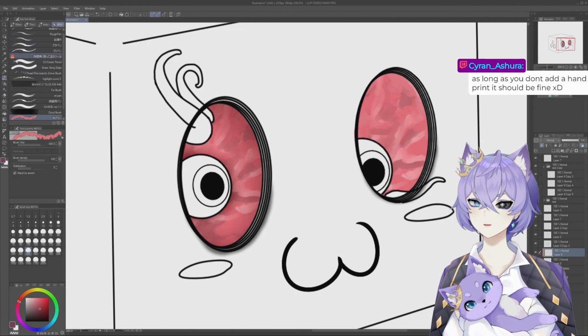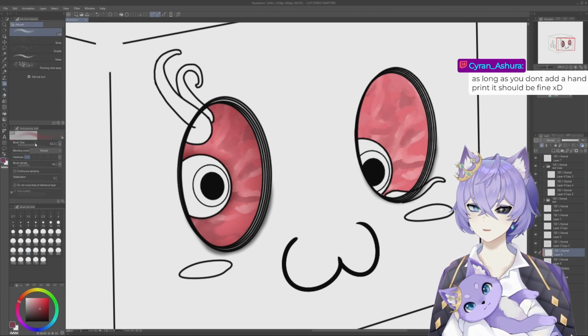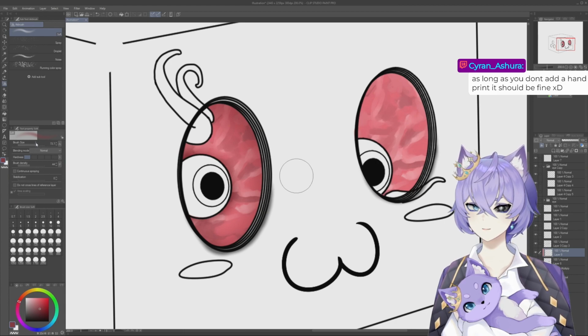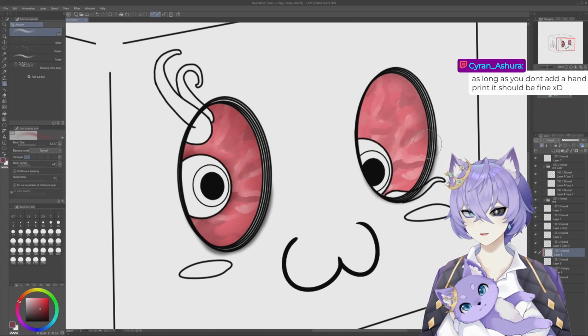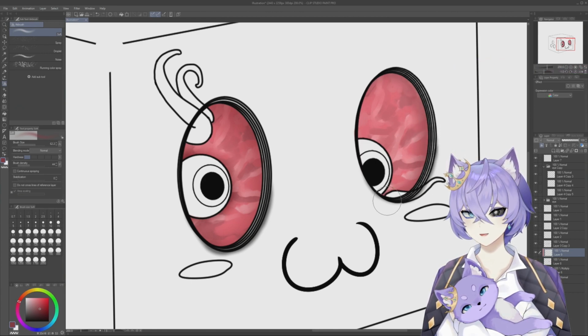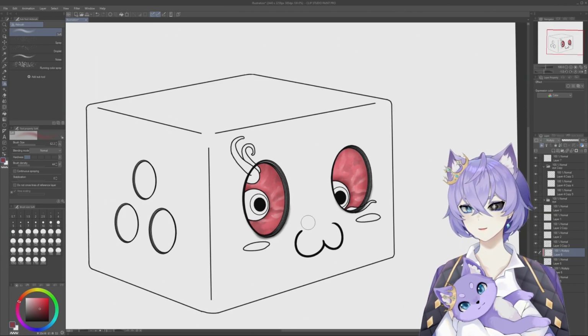Nope, I don't want my meat brush. I want my airbrush. Make that bigger. I should make that smaller. And then we add the shading of the multiply. And then a little bit of shading around the eye itself. Make that multiply. Boom.